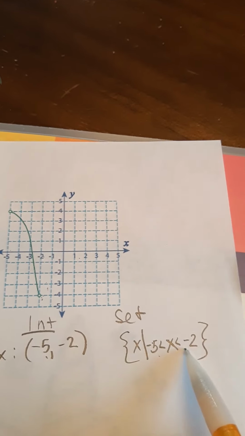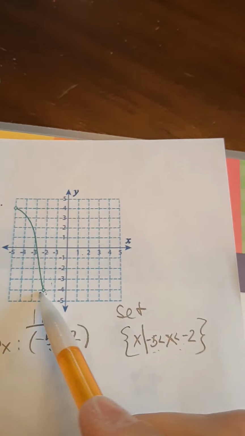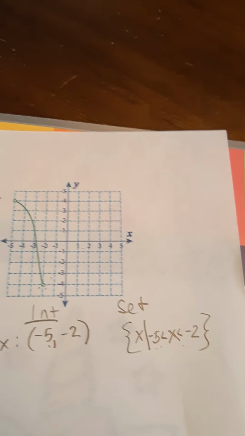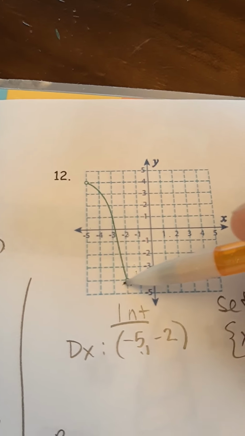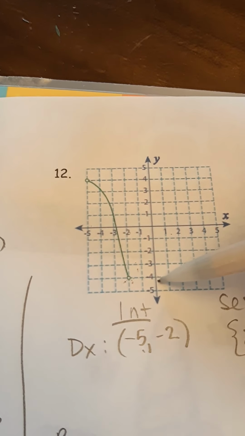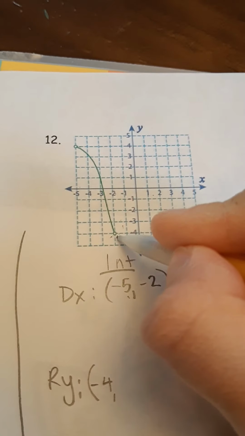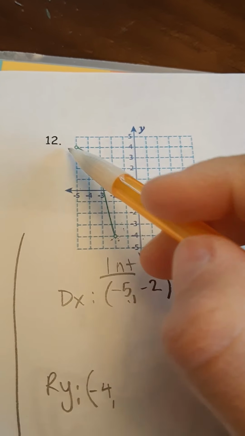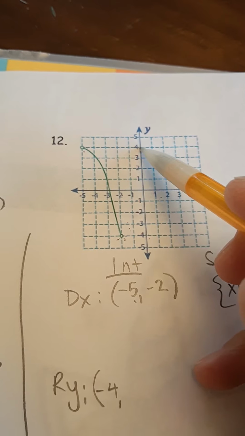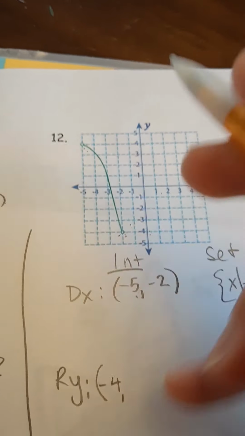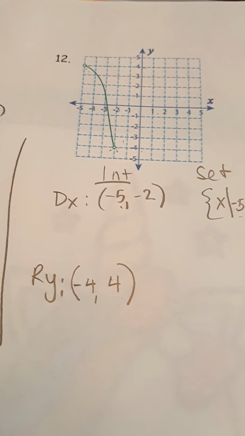So both arrows point that way no matter what when it has a beginning and an end. So then the range, the lowest part of this graph is right here at the y value of -4. So that's -4 with a parenthesis because it's an open circle. And the highest point is at 4, right? And that also gets a parenthesis because it's an open circle.